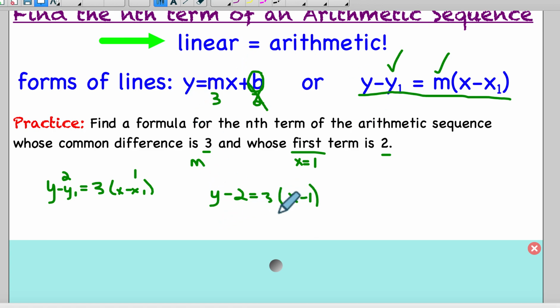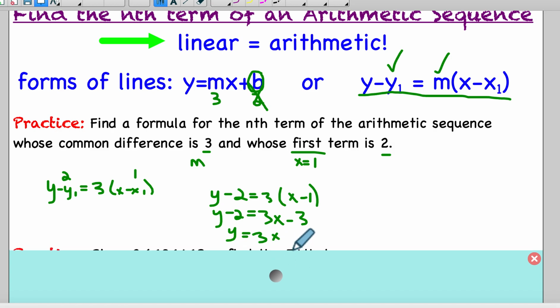I'm going to distribute the 3, and that's going to give me 3x minus 3, and then I'm going to add the 2, and I get y equals 3x minus 1. All right, so that's mx plus b form for a line, but remember with these sequences, we usually describe them as some letter sub n.